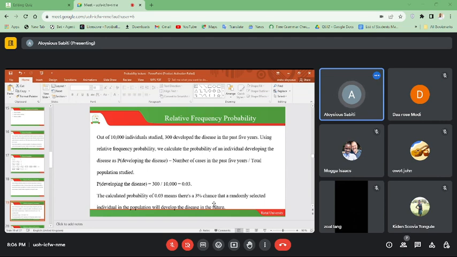We shall say 300 divided by 10,000, meaning that is 0.03. So that is the probability, or that is the chance that an individual will get that particular disease.